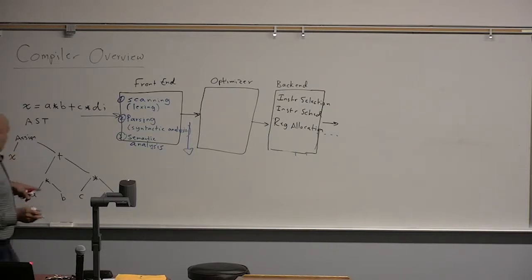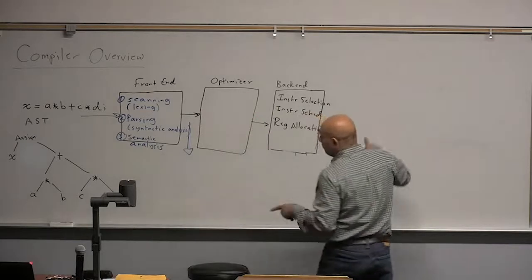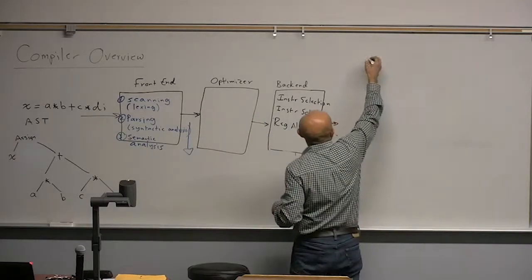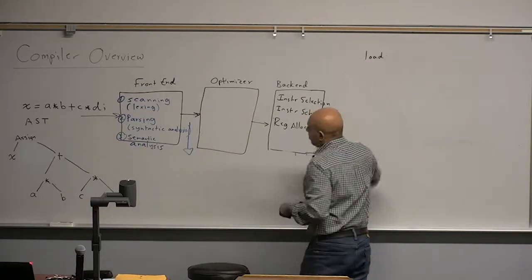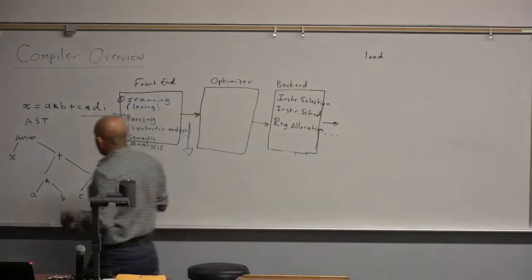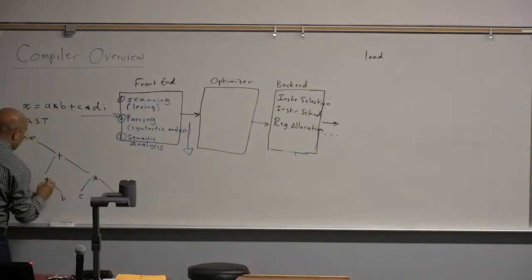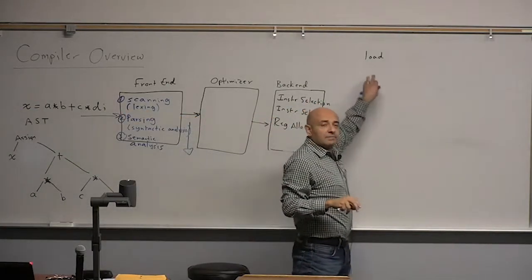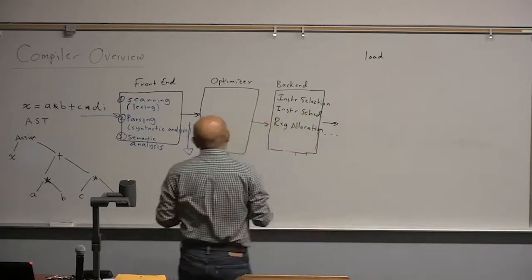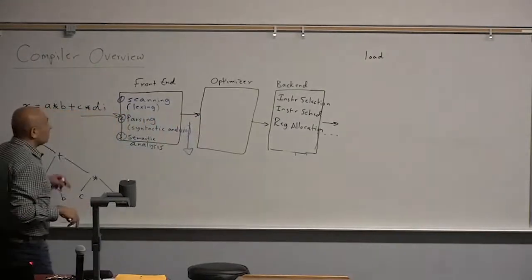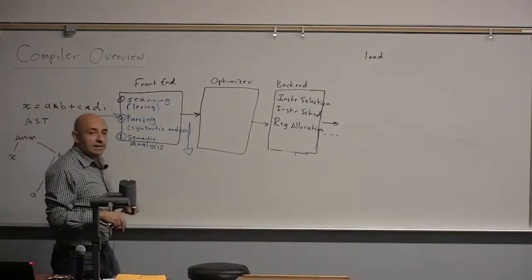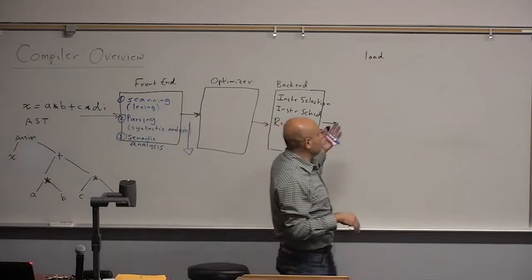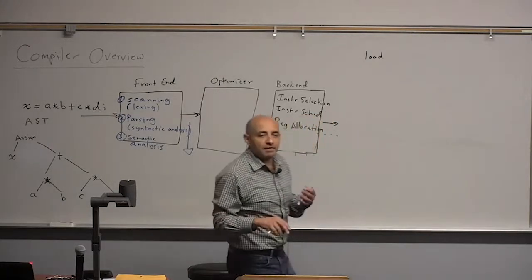Now, the assembly for this is going to be loading. Well, what kind of assembly? That's going to depend on the machine. So it's common to first generate some abstract assembly, some generic assembly, like the assembly for some RISC machine, because RISC machines do not have very many instructions.